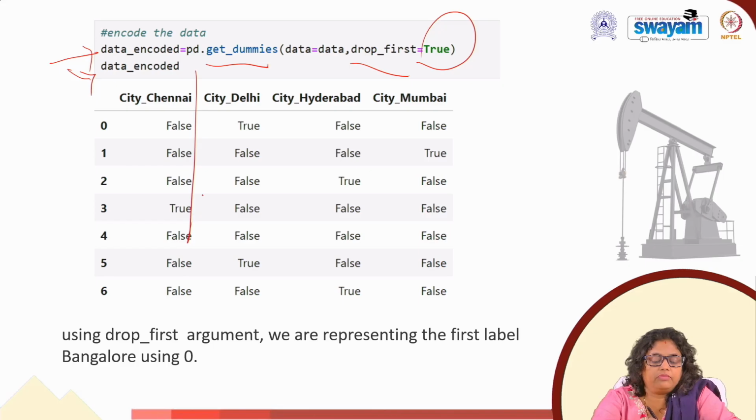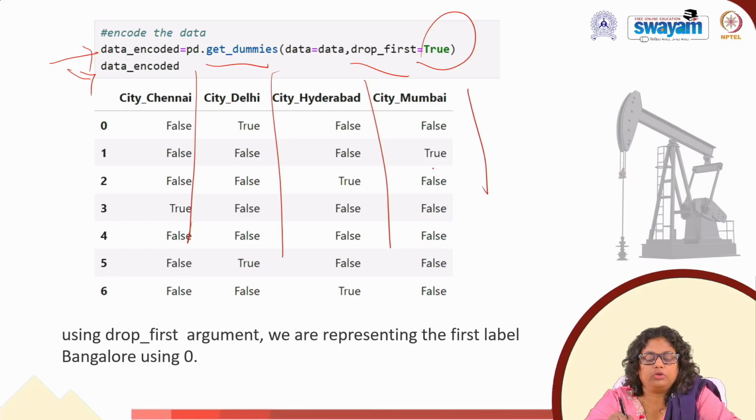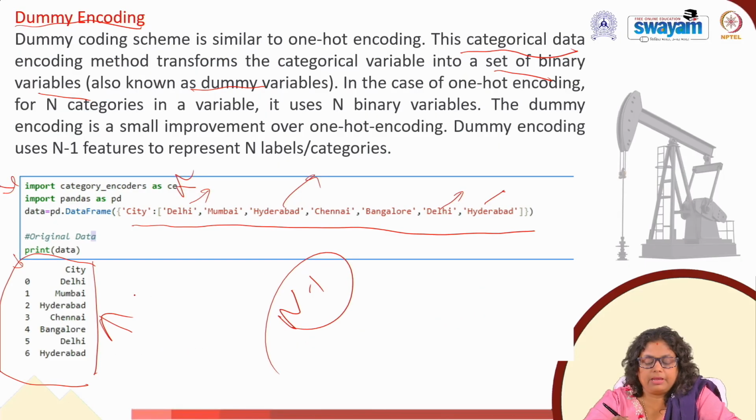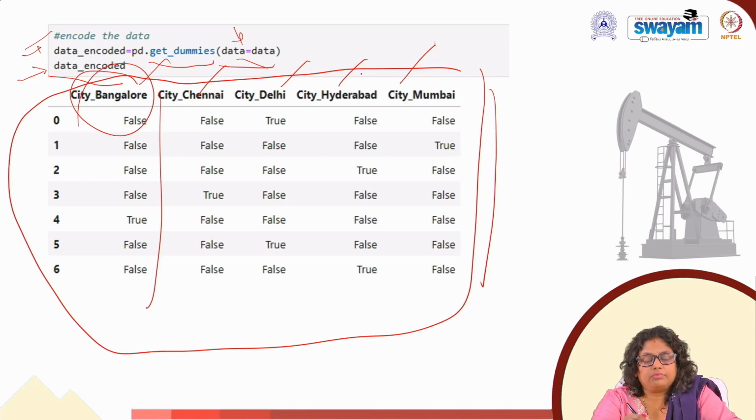We can see four columns here. The first column, that was Bangalore, gets dropped. Earlier we had five independent parameters, different values, variables.